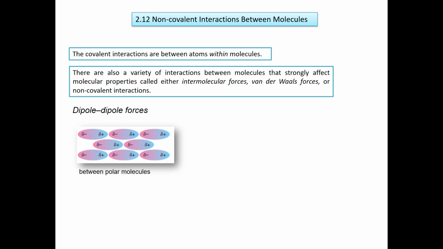If we increase the electronegativity between atoms, what we can have is dipole-dipole forces. Molecules are polar, for example diethyl ether is polar. We have a negative oxygen with negative electronic density, and a carbon that has a positive electronic density.